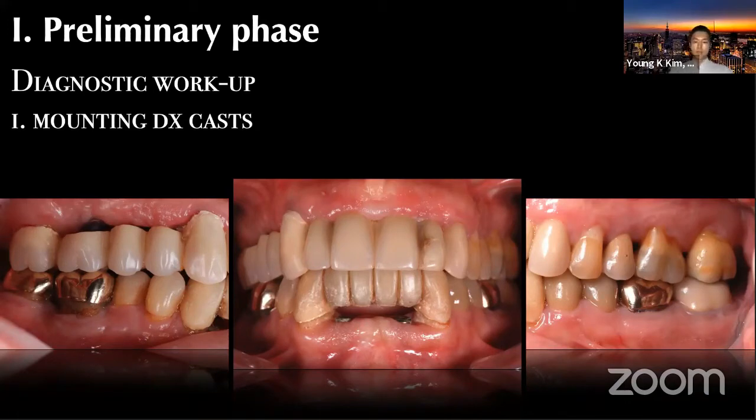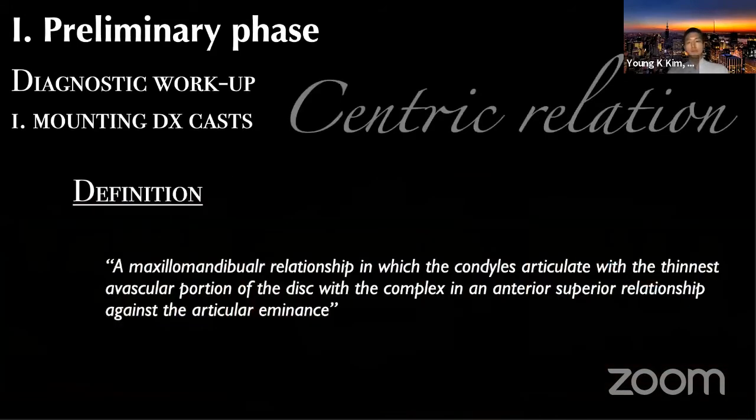If the patient has lost the posterior teeth, we have no reference. And in another case I showed you, the collapsed vertical, worn down dentition, we had to use the anterior jig to increase the vertical. In such a case, I will use the CR position, centric relation. And I'm sure you have heard about this term a lot of times, especially you prosthodontic residents or soon-to-be prosthodontic residents.